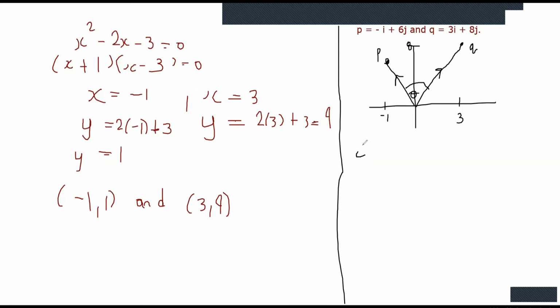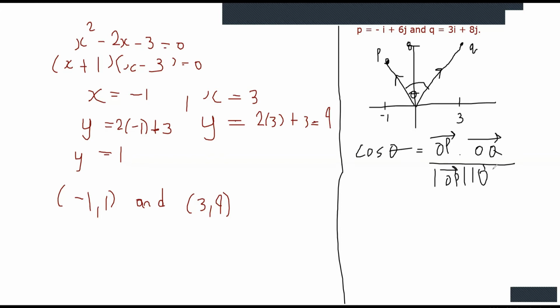Then we know that cos theta is going to be equal to OP dot OQ divided by the magnitude of OP multiplied by the magnitude of OQ.